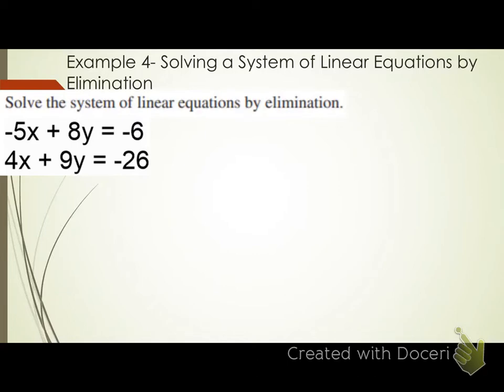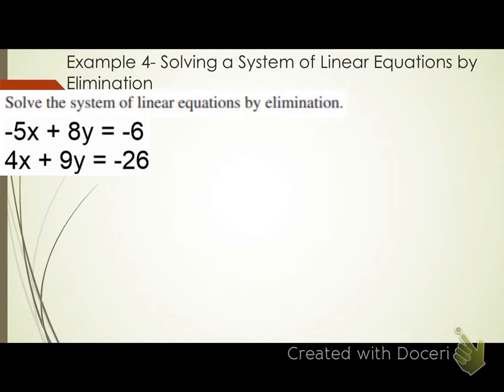Okay, negative 5 and 4. Whenever we're looking to figure out what we're going to multiply our equations by, we like to look at our least common multiples of our coefficients. What do I mean when I say least common multiple? Well, what are multiples of 5? 5, 10, 15, 20, so on and so forth, right?